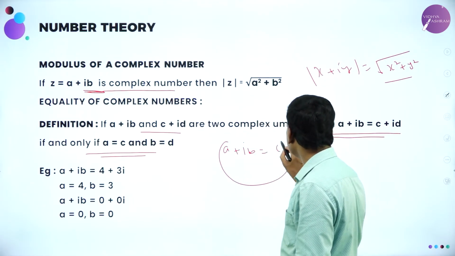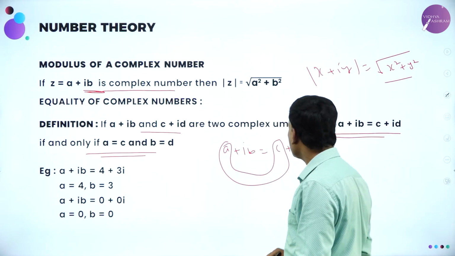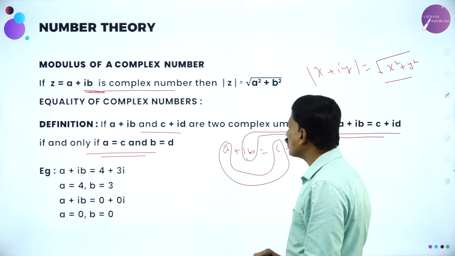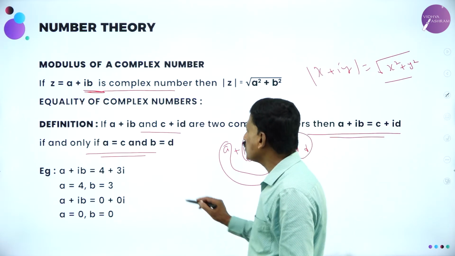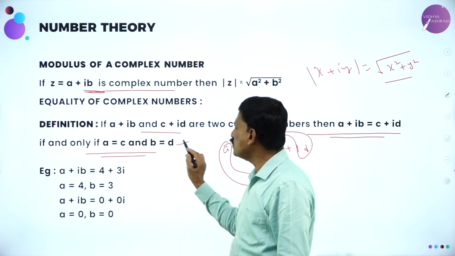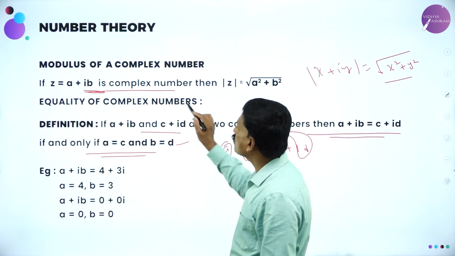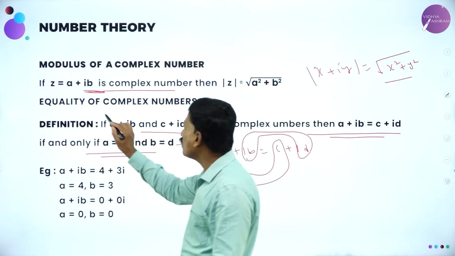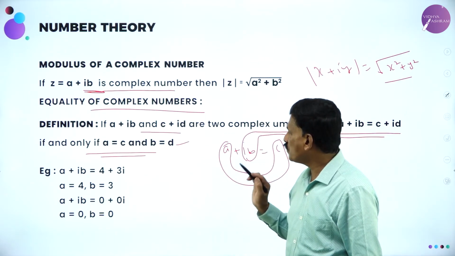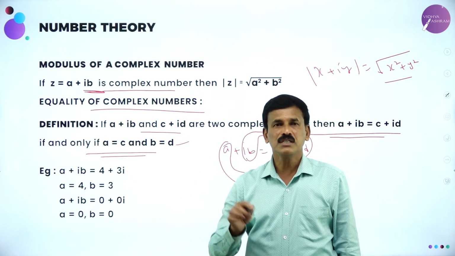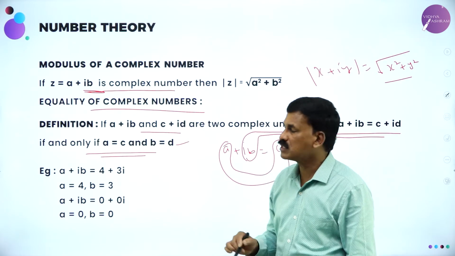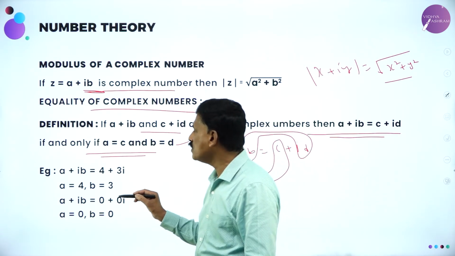If a and c are equal, and the imaginary parts are equal separately, then they are called equal complex numbers. So, if a is equal to c and b is equal to d, then the complex numbers are said to be equal. So, for equality of complex numbers, the real parts and imaginary parts must be equal separately.